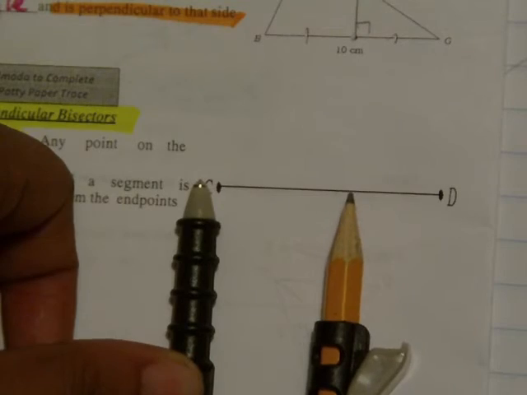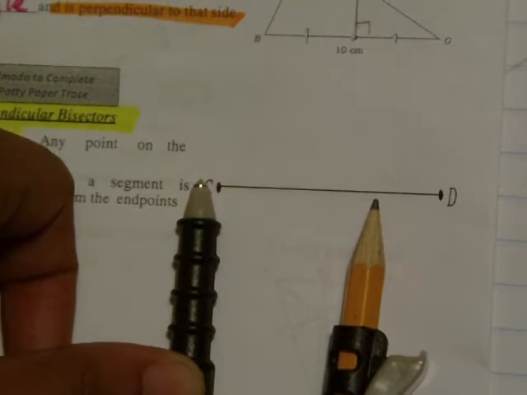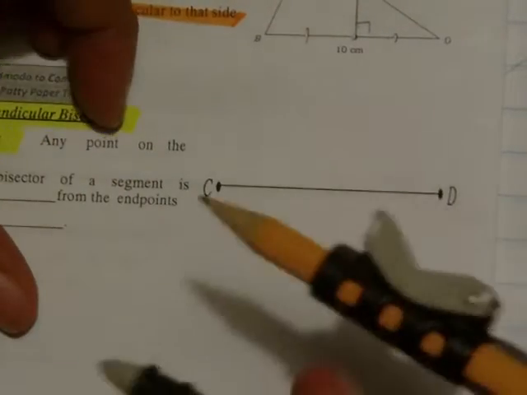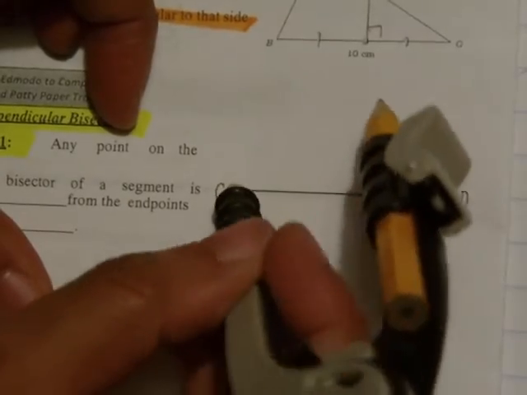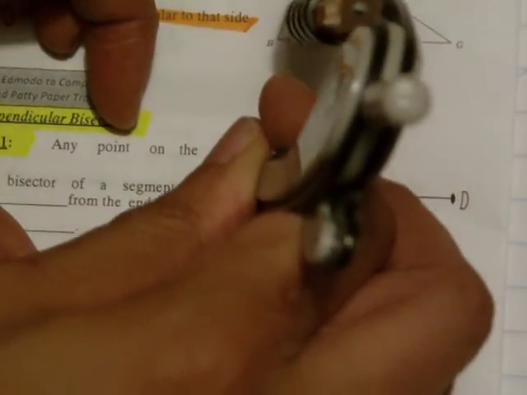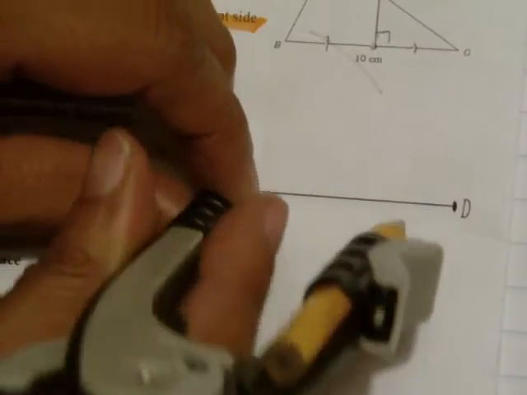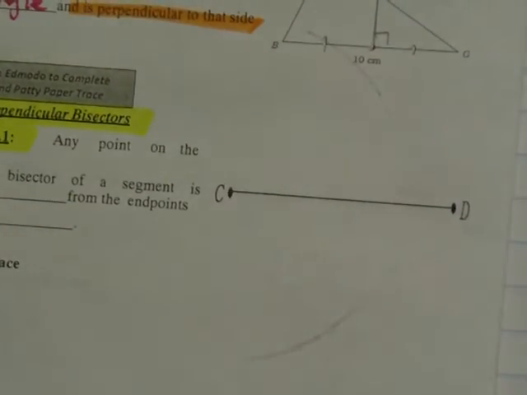We want it to go a little bit past the midpoint, so I'm going to go a little bit closer to D. I'm going to line up my compass and make an arc above, and make an arc below my segment.